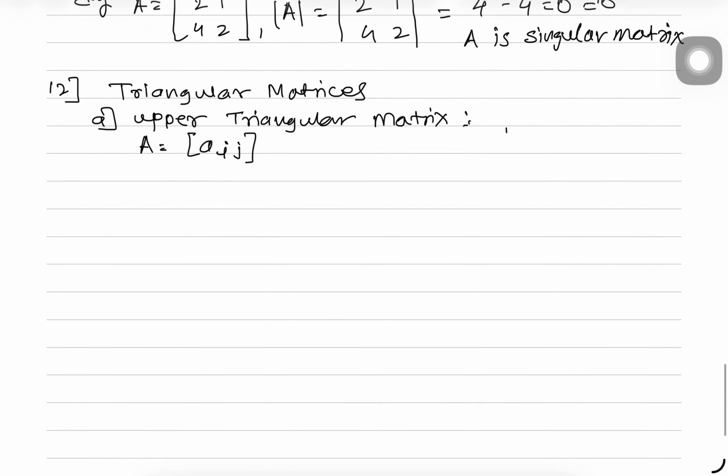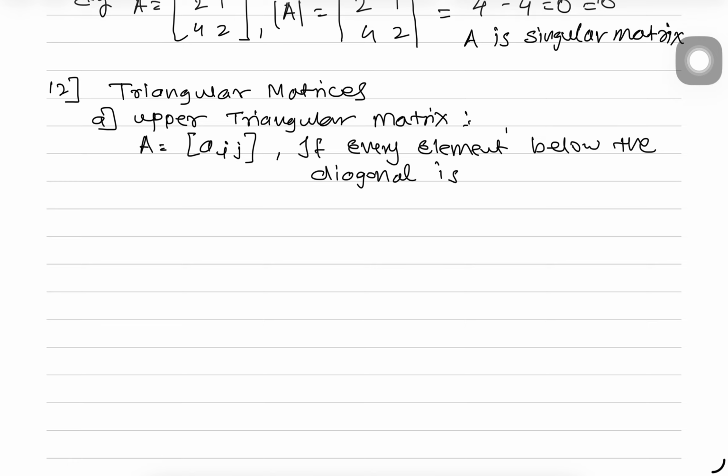If every element below the diagonal is 0, that is, A of ij is equal to 0 when i is greater than j.